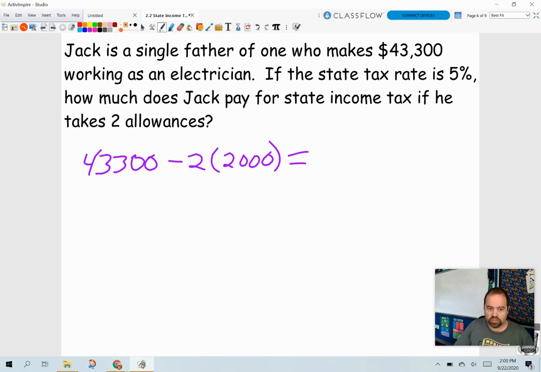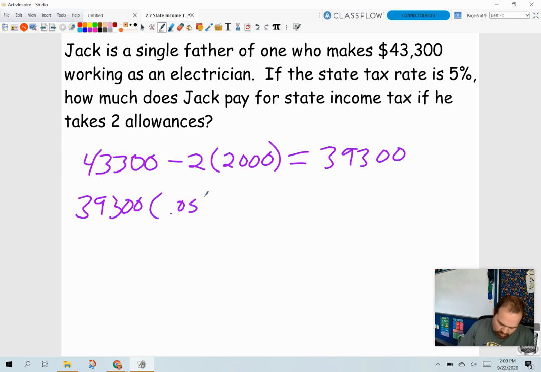So he's actually going to be taxed as if he made $39,300. $39,300 is his adjusted income. So that times his 5%. So his annual state income tax is $1,965.